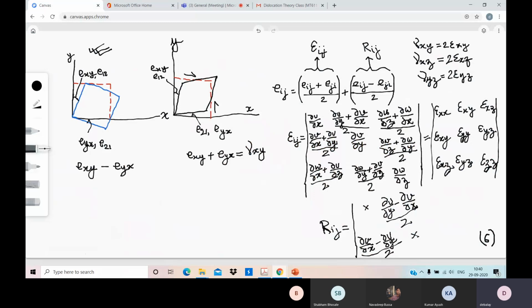Do you think there has been a strain in that body? Has the body deformed? No, the body has not deformed. You have applied something, and it gets rotated. So basically this condition is no deformation but simple rotation.